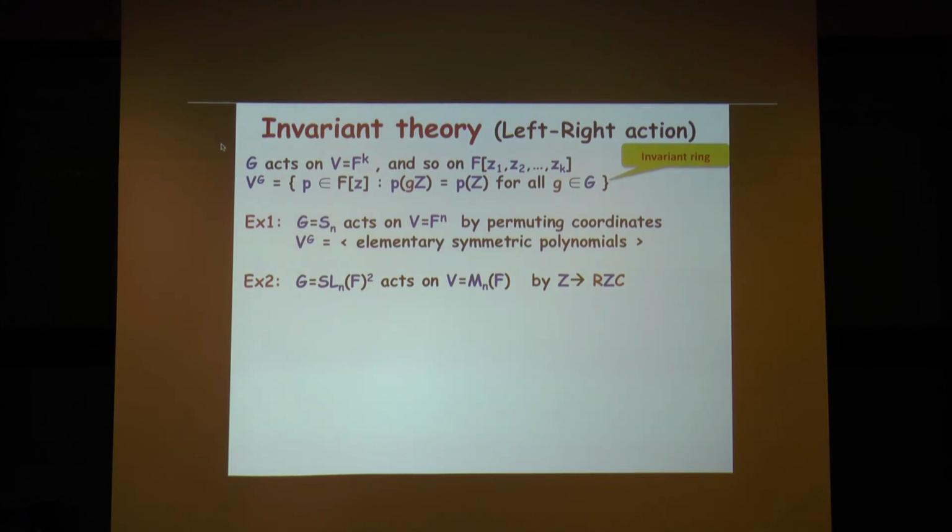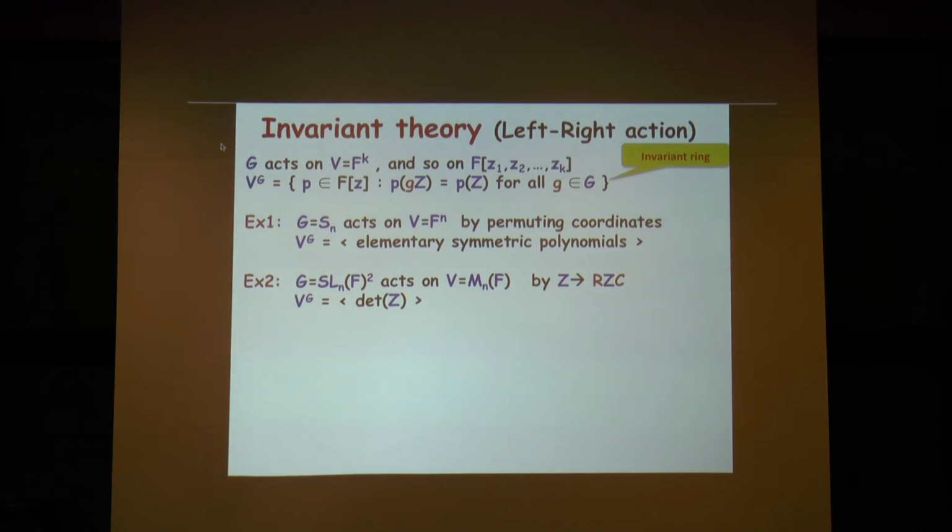Yeah, the determinant remains invariant. Is there another invariant? There is no other; all of them are generated by the determinant. It's not trace. So this, again, is very simple. The invariant ring is all polynomials that are just powers of the determinant in this case, very simple.